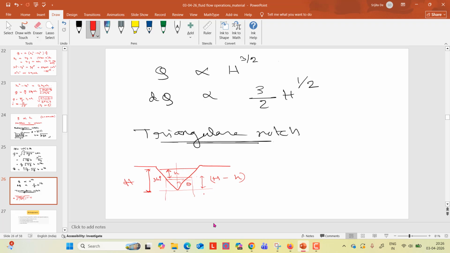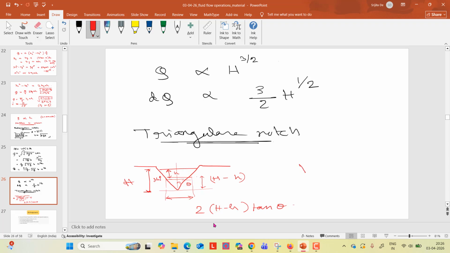So now if you calculate it, this total distance is 2 into H minus h into tan theta, because on both sides it is at an angle, right?